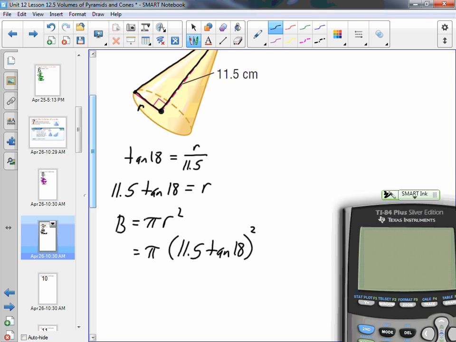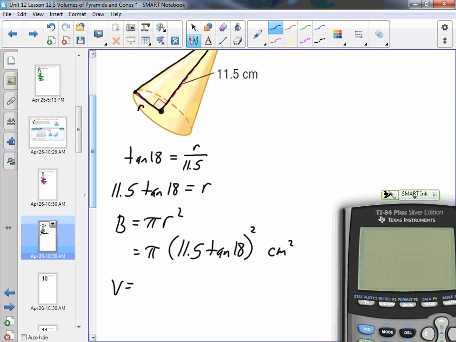I'm going to leave it that way because anything I do to that, if I take the tangent of 18 and multiply it by 11.5, I've rounded. Even if I have 19 decimal places on there, I've rounded. And I'm not going to. Okay? So, that's ugly, right? We're working with it. You with me?